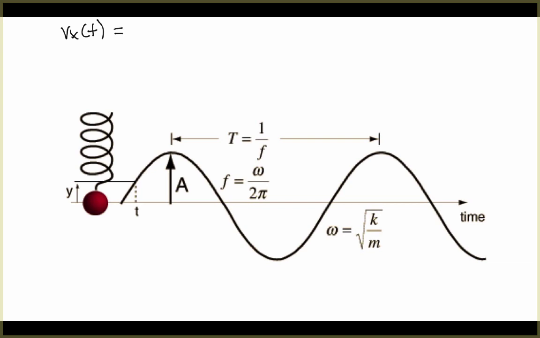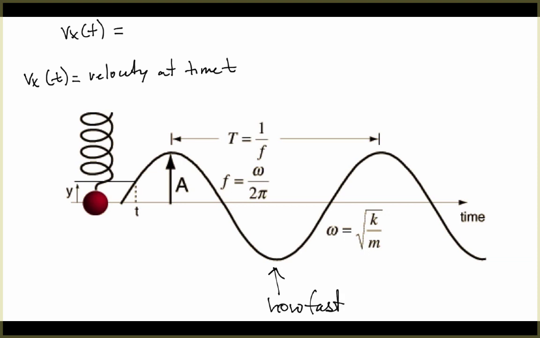This Vx over t is saying what is the velocity at a certain time. So how fast is this guy moving here? And then remember we said the sine and cosines are just these different wave functions.